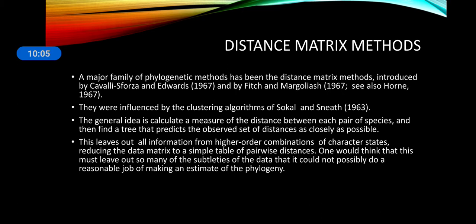In this case, it leaves out all information from higher order combinations of character states, and reduces the data matrix to a simple table of pairwise distances. You would think that this must leave out so many of the subtleties of the data, and that it could not possibly do a reasonable job of estimating the phylogeny. So that is a disadvantage of the distance matrix method.